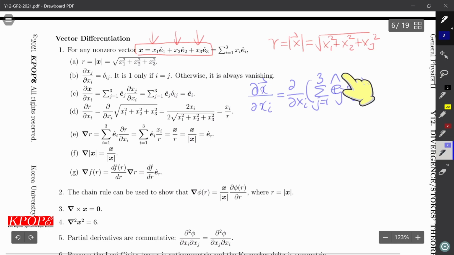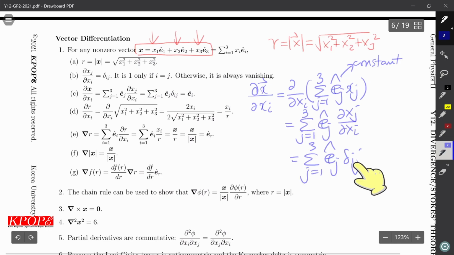Therefore, it is the sum over j from 1 to 3 of ej hat times delta ij. It is 1 only if i equals j. Therefore, it is ei hat. We have said this.